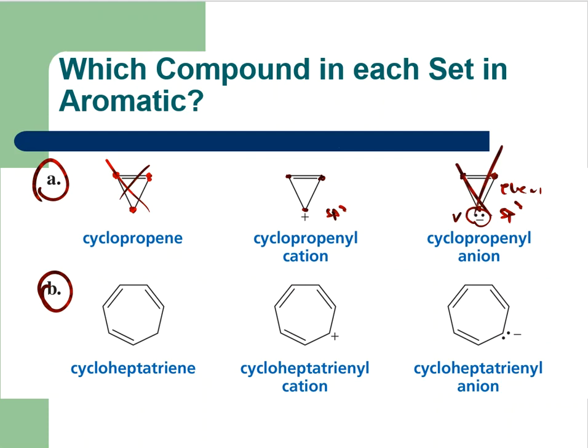When I go to this middle one, I look at it and I say, okay, it is a ring. All of the carbons here are sp2, right? This one has 3 bonds. It's got an empty shell, but it's got 3 bonds. So it is an sp2 carbon. And then the next one is Hückel's rule. And Hückel's rule basically says you need an odd number.